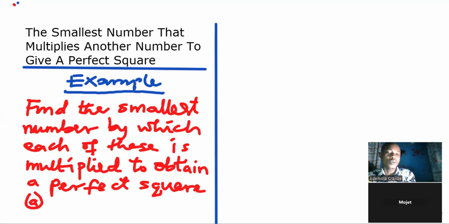So the first one we have here is (a) 12, (b) 216.